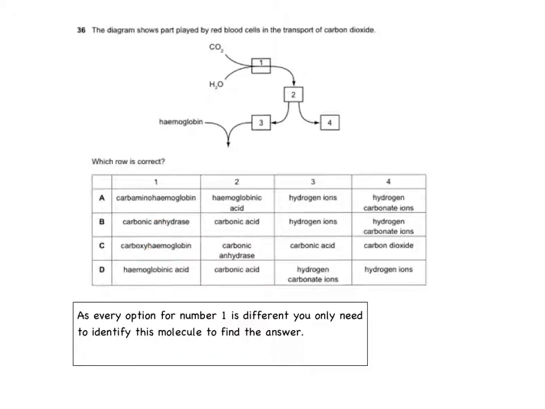So if you can identify what number 1 is, then you have answered the question. Now number 1 is an enzyme. It is the enzyme involved in converting carbon dioxide and water to number 2. That enzyme, the only enzyme in this list, is carbonic anhydrase. Bob's your uncle. B is your answer.